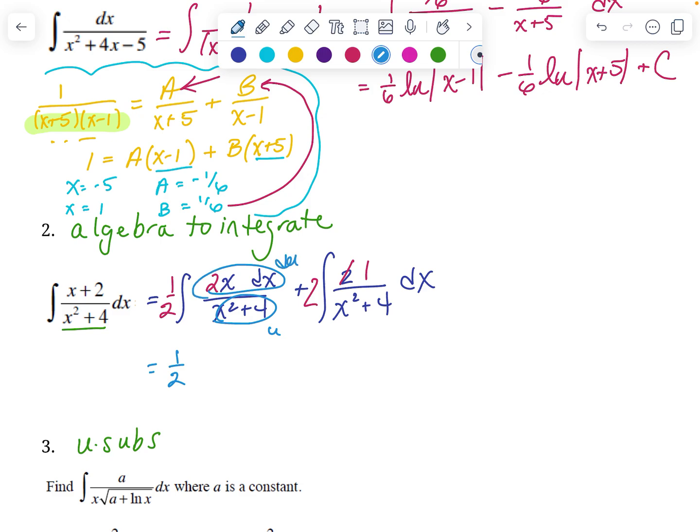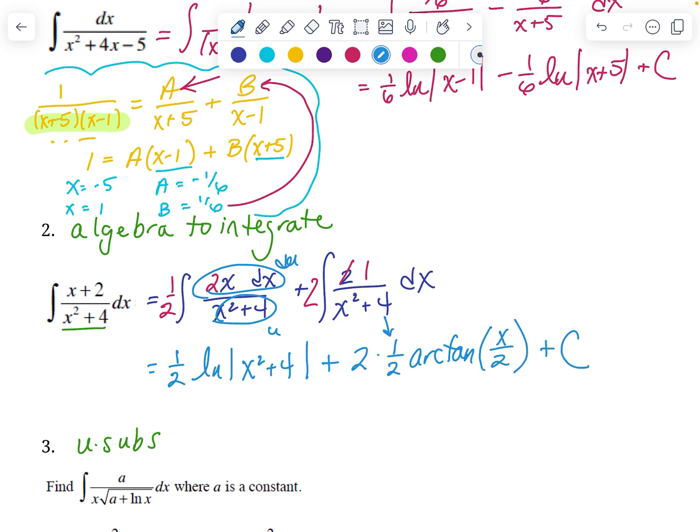I think that's straightforward enough that we don't fully have to write out the u substitution, but if you personally need to write out the u substitution, please do. Over here, this is arctan, so the 2 is going to come down. I'd have 1/2 from this part, right? I have x squared plus 2 squared, so I'd have 1 over 2 as my part of my arctan antiderivative. And my argument here would be x over 2. And that's the story, okay?